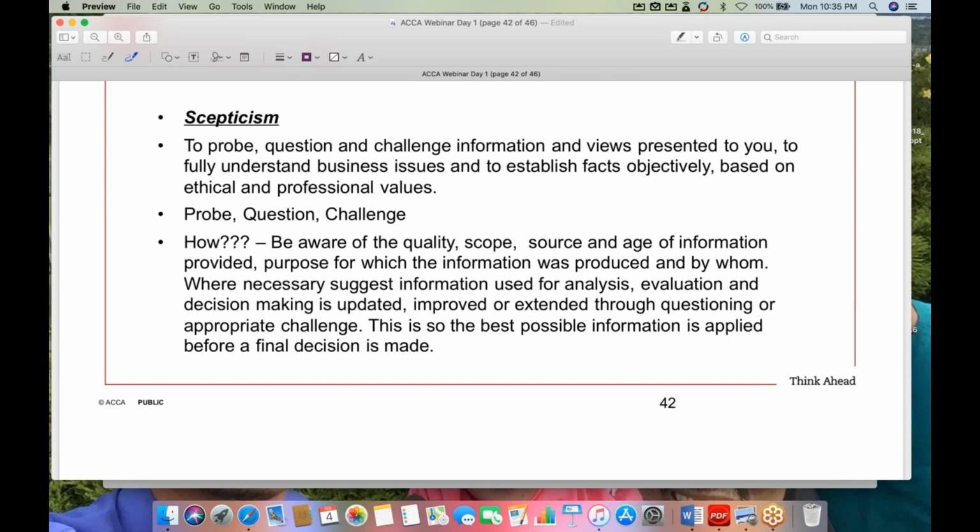This is rather difficult for my students. I don't know about all of you. But when it comes to skepticism, these are the skills that you should actually be able to acquire. This particular skepticism requires you to probe, question, and challenge information.